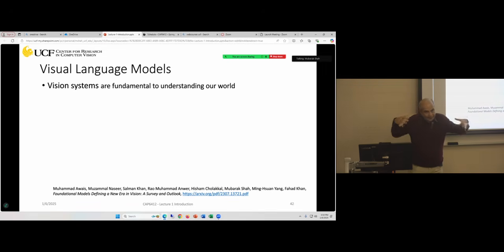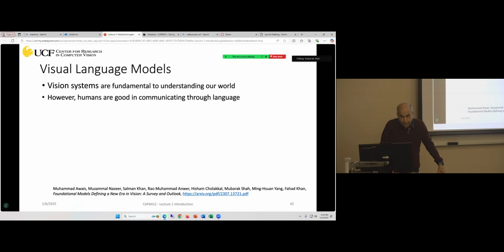Now, this was about text only. Now, the visual language model. There we need to bring in vision capability. And they are fundamental because of all the navigation, the self-driving cars, and healthcare, the MRI, biomedical imaging, all those things where you need other sensors, right?